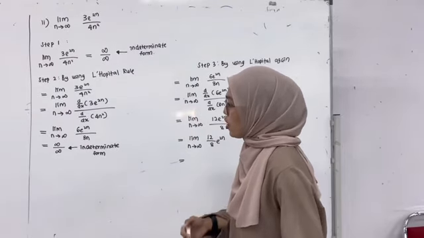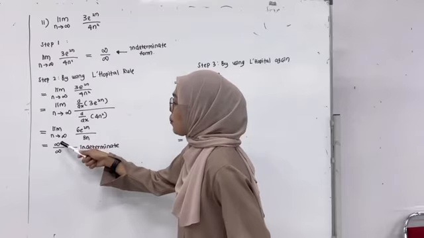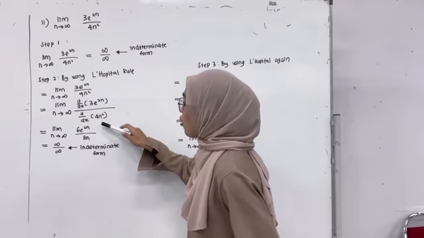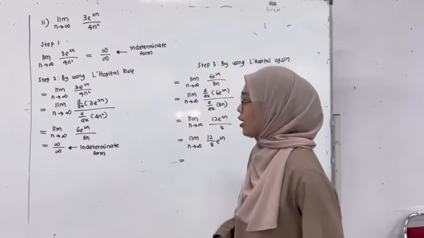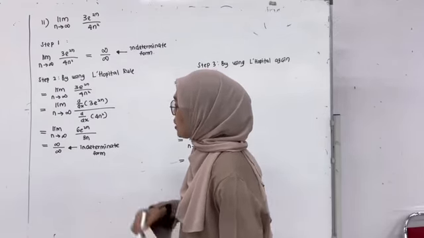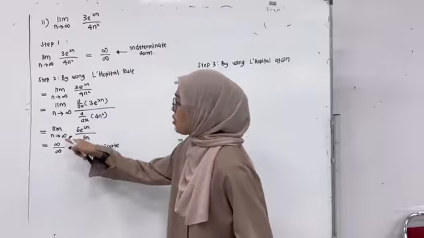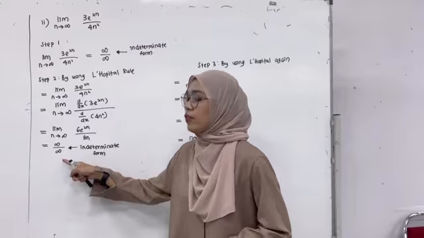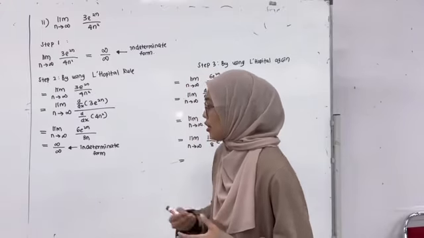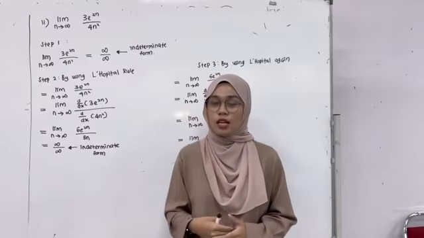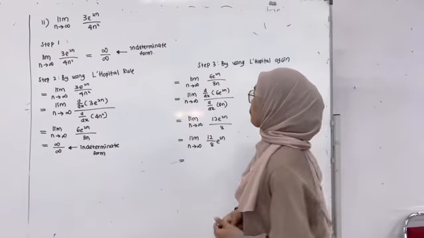When you differentiate, you will get the limit as n approaches infinity of 6e^(2n) over 8n. When you substitute n equals infinity, you will still get infinity over infinity, which is still an indeterminate form. Therefore, you must use L'Hopital's rule again.